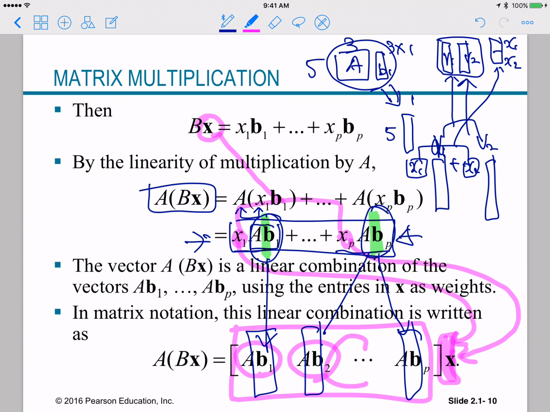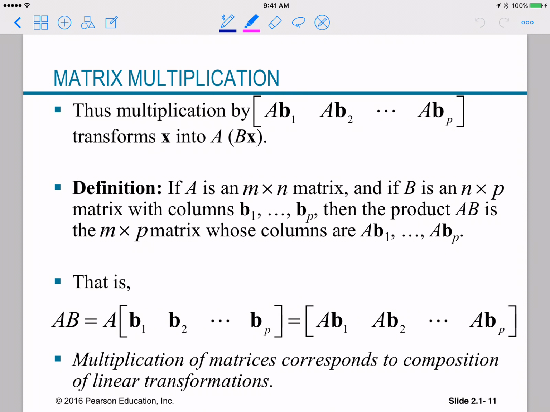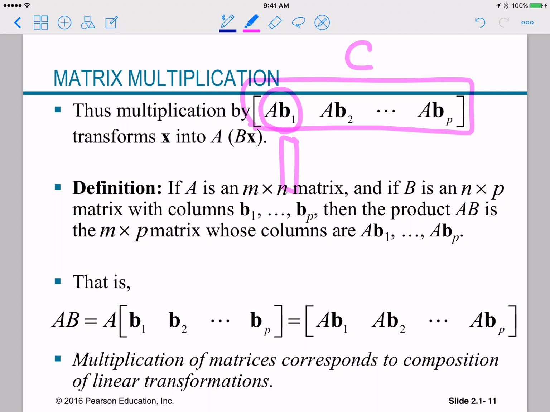So this is our new C. And this single step of a transformation will have a form similar to something called the standard matrix.